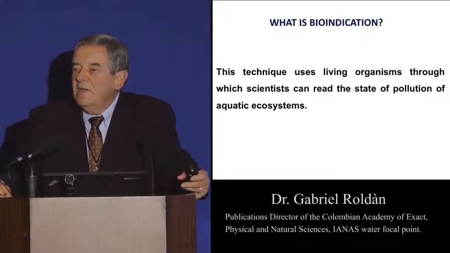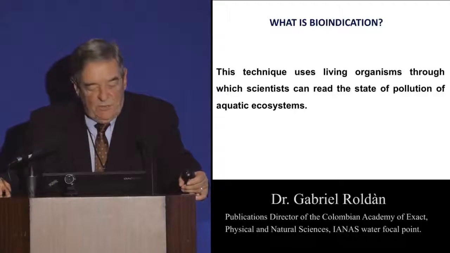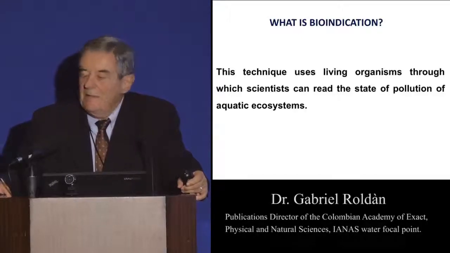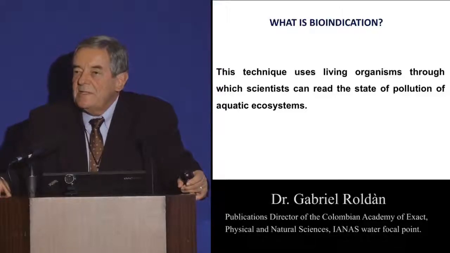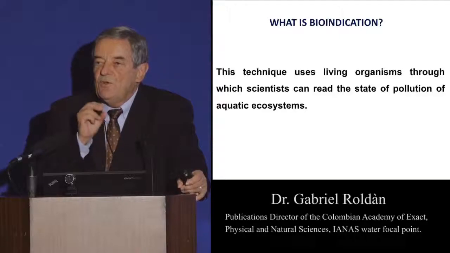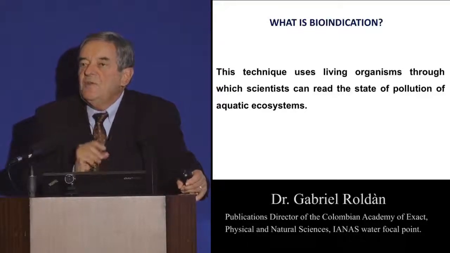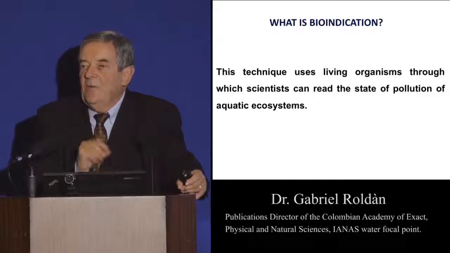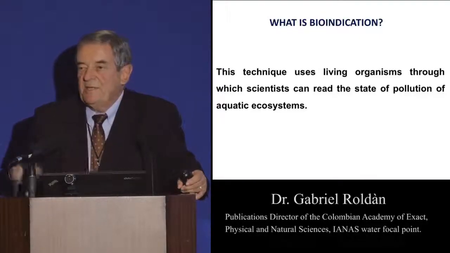What is bioindication? This technique uses living organisms through which scientists can read the state of pollution of aquatic ecosystems. In other words, bioindication means that if you know where a specific organism lives, you can find out if the water is good or the water is bad, according to the circumstances.